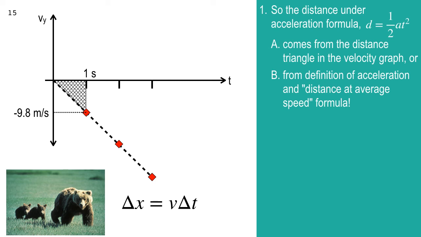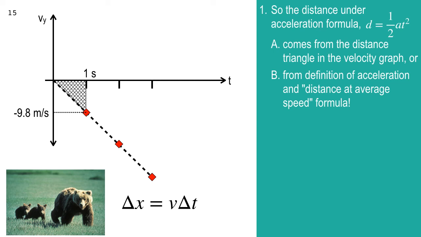So this is the area. The triangle that I've got shaded in there represents the distance that something travels in 1 second of free fall. Hey, you guys, how far would that be? 1 second of free fall.